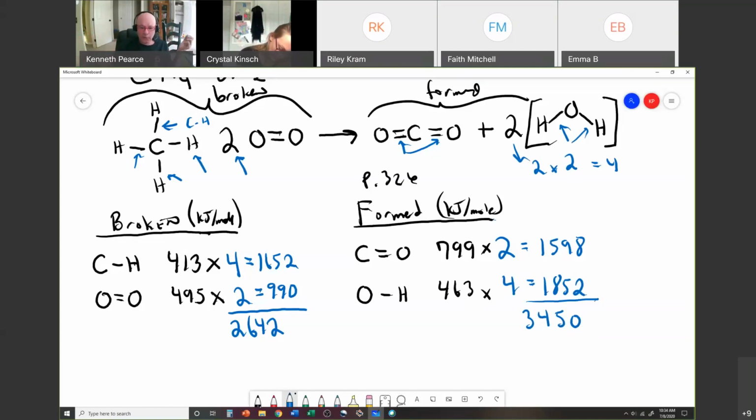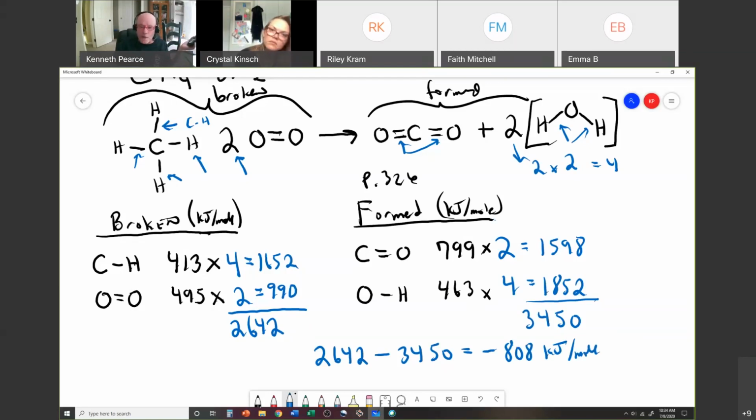We take the difference between the two and we say 2642 kilojoules minus 3450 kilojoules per mole. I take the difference, 2642, and then I subtract off my answer, and I get minus 808 kilojoules per mole.